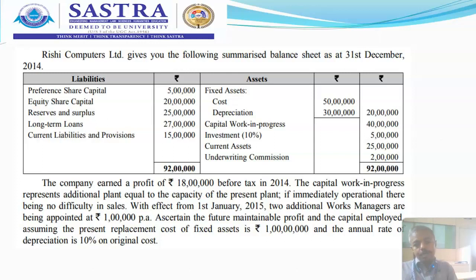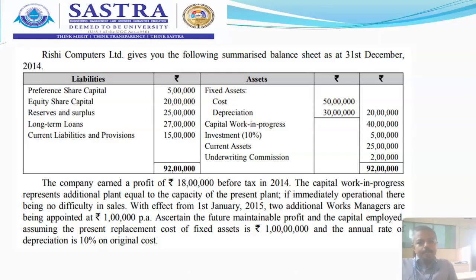Capital work in progress 40 lakhs. Investment at 10%, 5 lakhs. Current assets 25 lakhs. Underwriting commission, rupees 2 lakhs. So the total of the assets comes to around 92 lakhs.